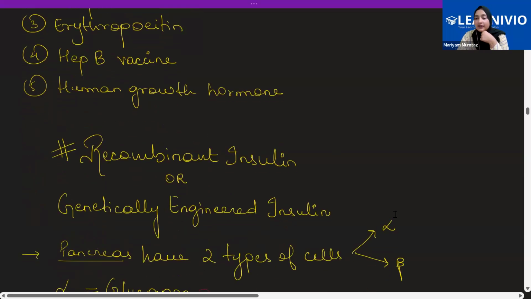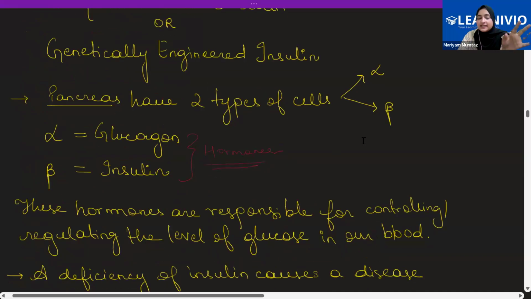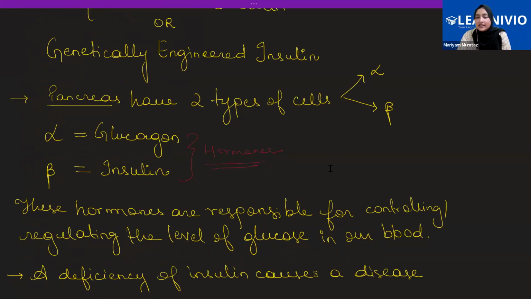So when we talk about the recombinant insulin and how it is made, the pancreas has two types of cells present in it, alpha cells and beta cells. Alpha cells of the pancreas synthesize the glucagon hormone, whereas beta cells of the pancreas synthesize insulin hormone. Both of these hormones are involved in the glucose metabolism and both of them act against each other.